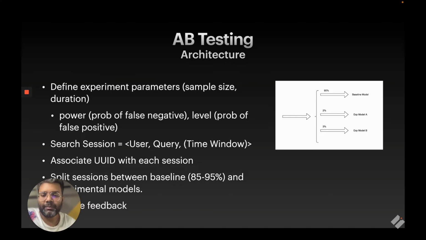So what you would typically do is, and again, the numbers on the right hand side are example numbers, you would, for example, have 95% of your users being served the baseline model, and then the remaining 5% of users, you would divide them into the model A group and model B group.